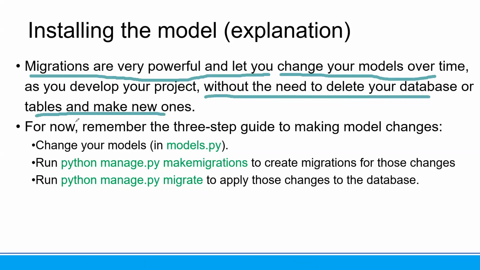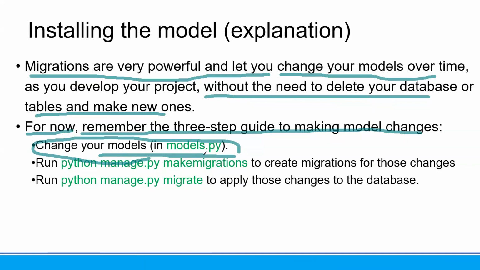So for now, please remember the 3-step guide to making model changes. The first is to change the model in models.py. When you apply something, maybe you add one statement or delete one statement, it means changes in models.py.